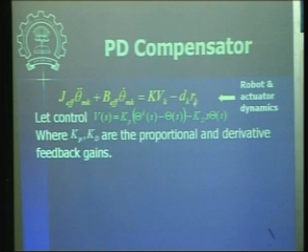Now this is the most simple kind of strategy one can think about. You have this desired position, you subtract the actual position, and then that is what you get as an error. You multiply this error with some proportional constant, okay. That plus a similar thing you have done here for velocity.